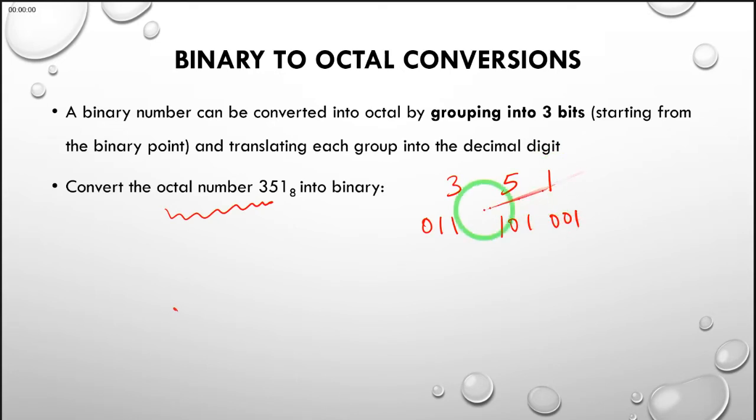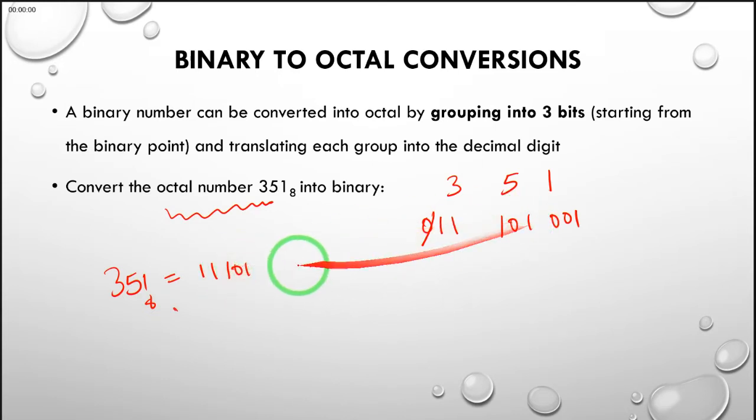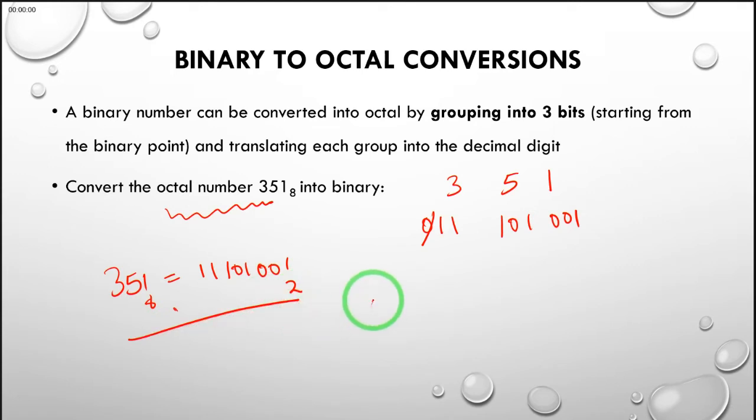So this 351 in octal is equivalent to 1, 1. I just dropped this 0, it doesn't make much value from the leftmost. Then 101, this one, and 001. And you say that that is the binary equivalent of this octal number.